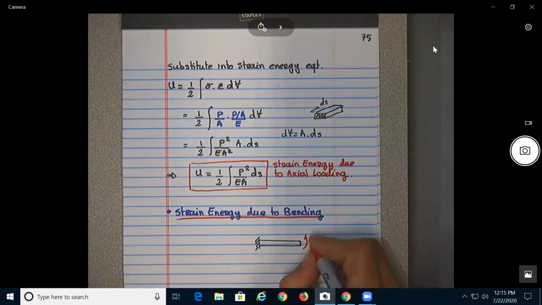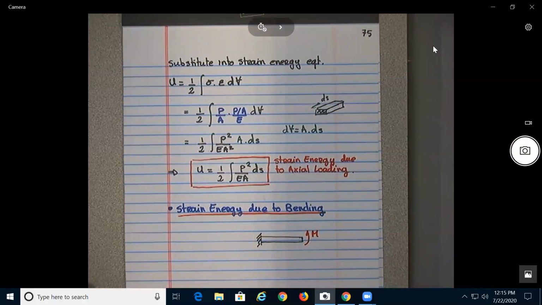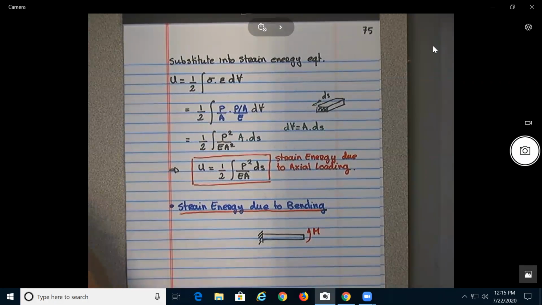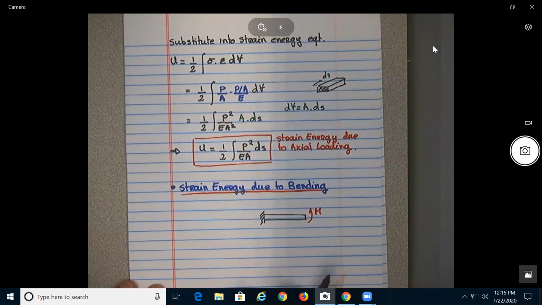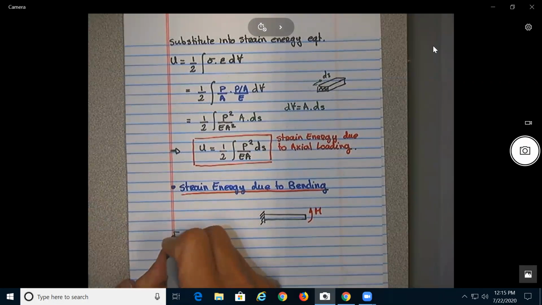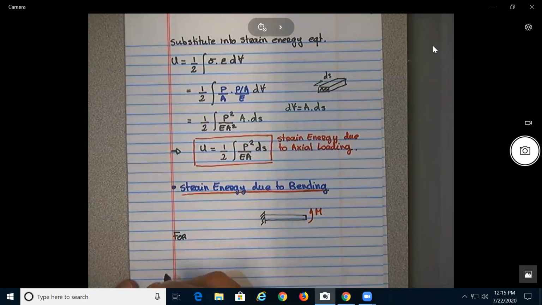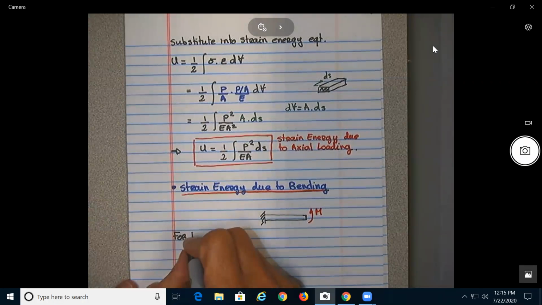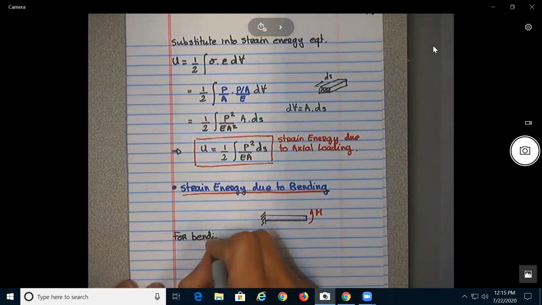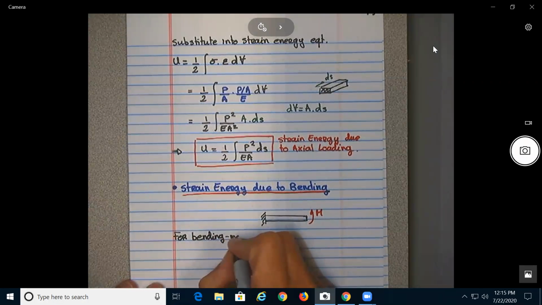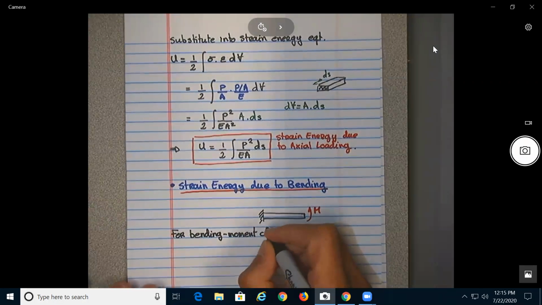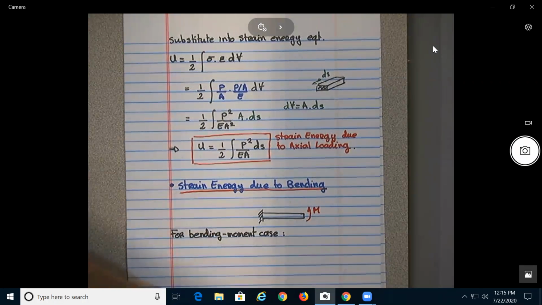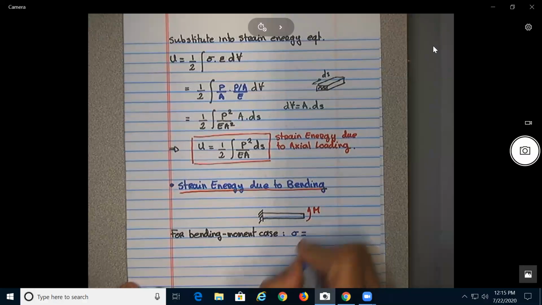Let's say it's bending upwards, so we'll have a moment, M. So for the bending moment case, what would be the value of the stress?